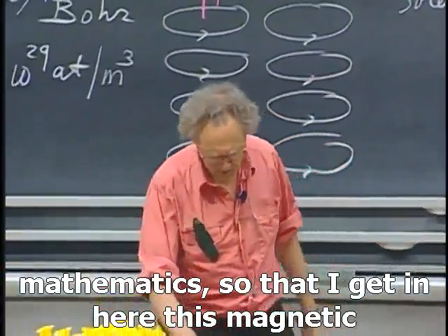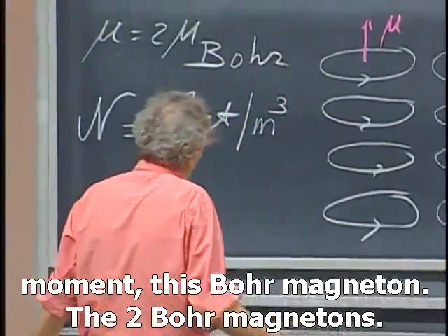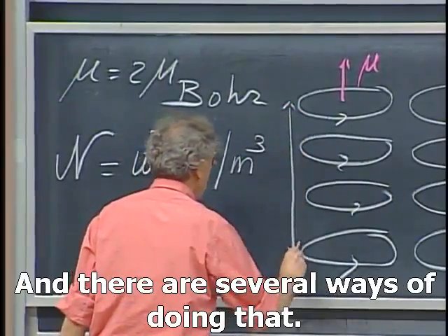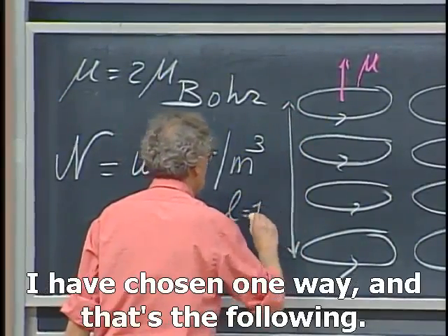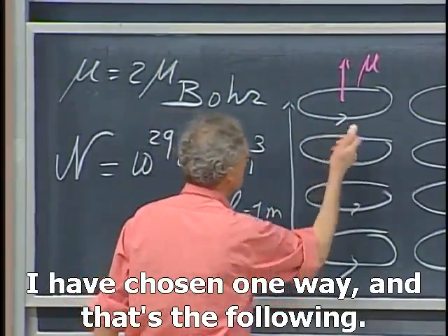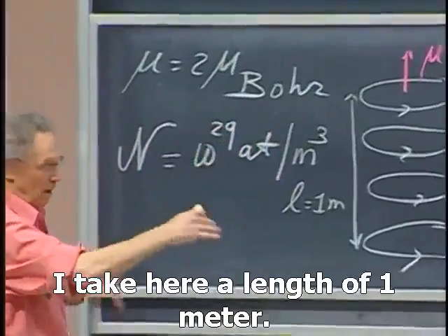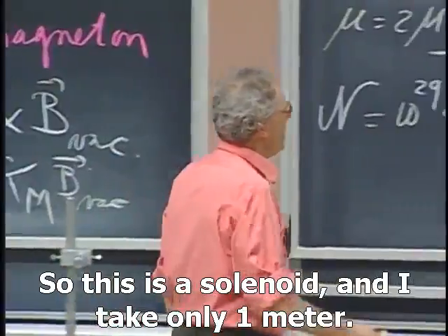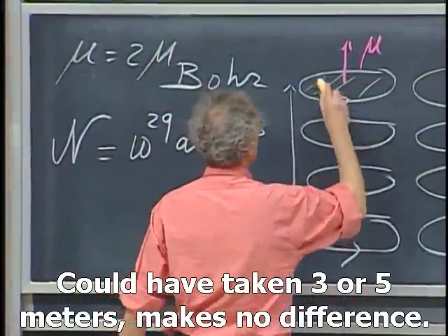There are several ways of doing that. I have chosen one way, and that's the following. I take here a length of 1 meter. So this is a solenoid, and I pick only 1 meter. I could have taken 3 or 5 meters, it makes no difference. And each one of these loops here has an area A.